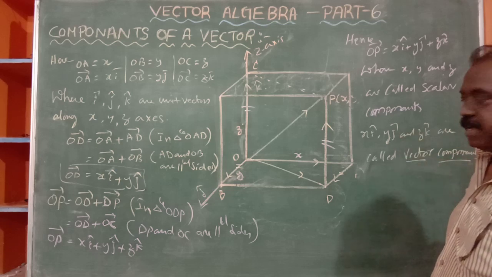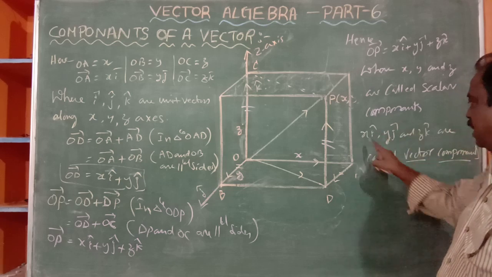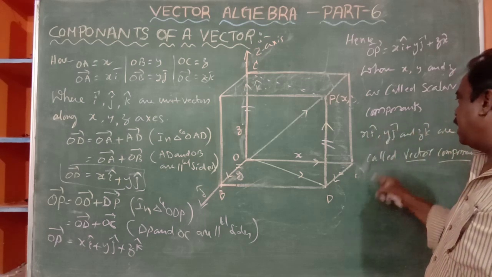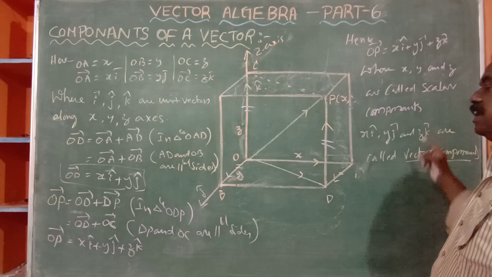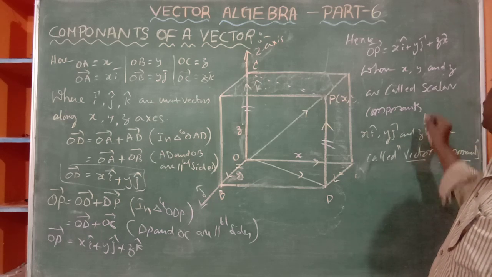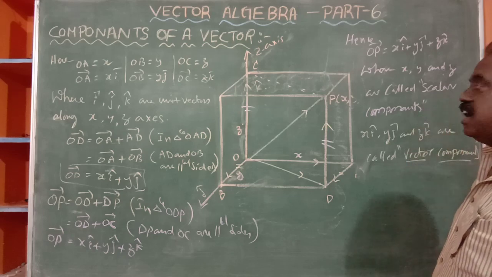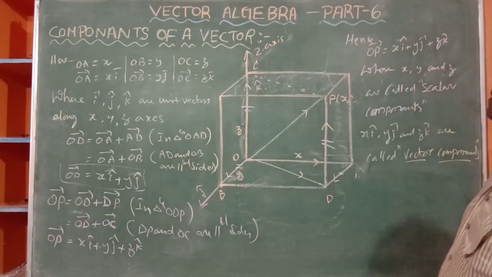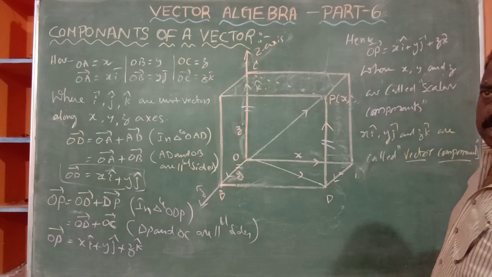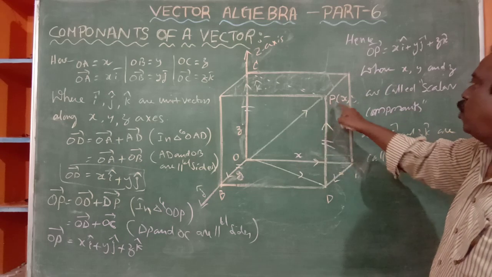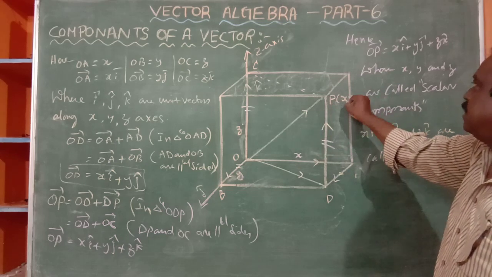Vector components, because i cap direction is there, length and direction. So x i cap, y j cap, z k cap are called vector components. But x, y, z are simply scalar components because only length scalars are there.